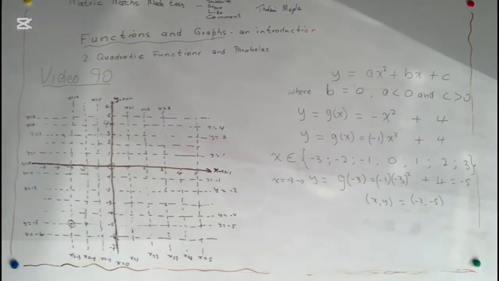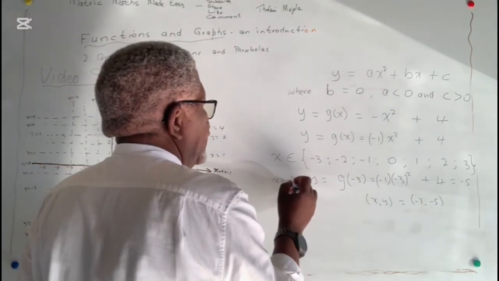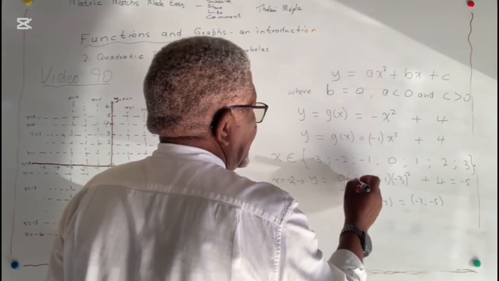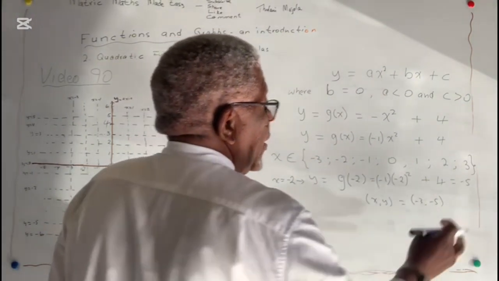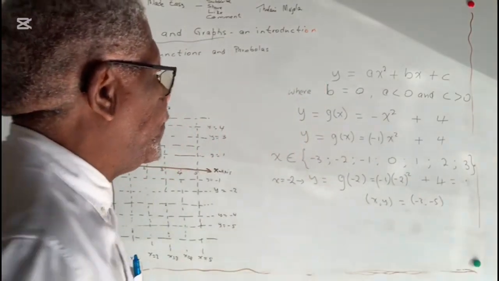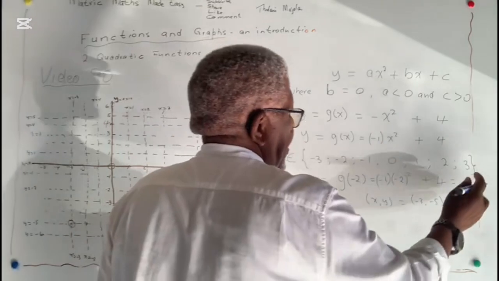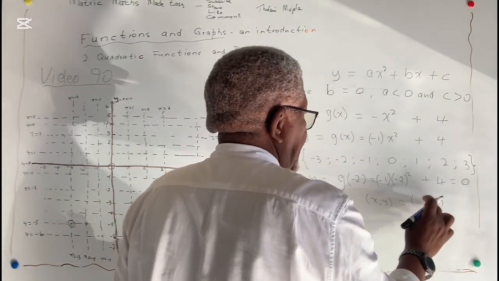And then we look for when x is equal to negative 2, just substitute where we had a 3, we put a 2. So negative 2 squared is 4, so negative 4 plus 4 is 0. So we've got a point x and y.